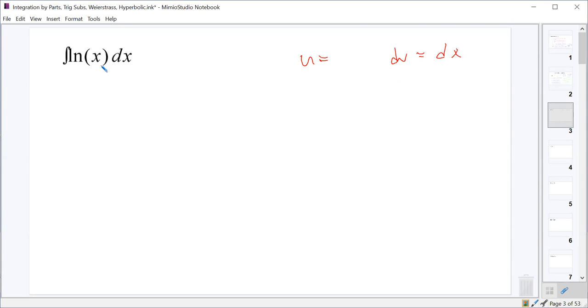And if I tried to make dv natural log of x, well, to find v, I'd have to integrate natural log of x, which is what I'm trying to do in the first place. And I don't know how to do that. Well, I do, but we don't know what that is yet. So we're going to separate this out into u is natural log x and dv is dx. Everybody okay with that?